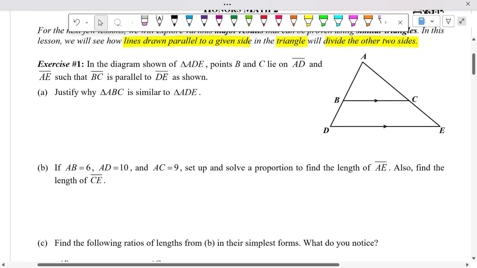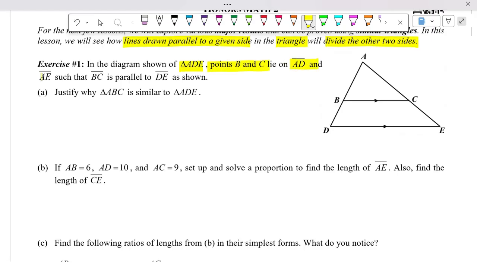First things first, it says that in triangle ADE, points B and C lie on AD and AE such that BC is parallel to DE, which they gave us with the little arrow tick marks to show that they're parallel.